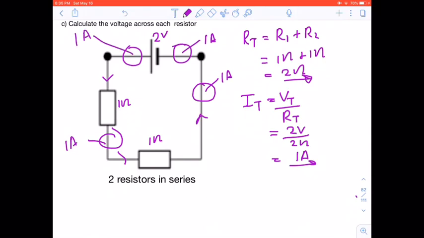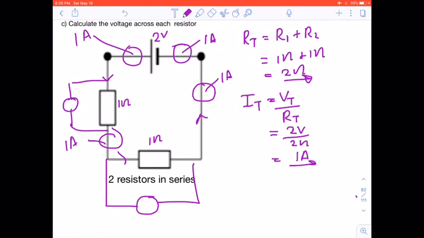That's because the resistors are connected in series, and in a series circuit like this, the current is the same everywhere, right? And if we want to know the voltage across each resistor, if I put a voltmeter here and a voltmeter here, what would the voltages read? We know that when we have resistors in series, they are potential dividers.